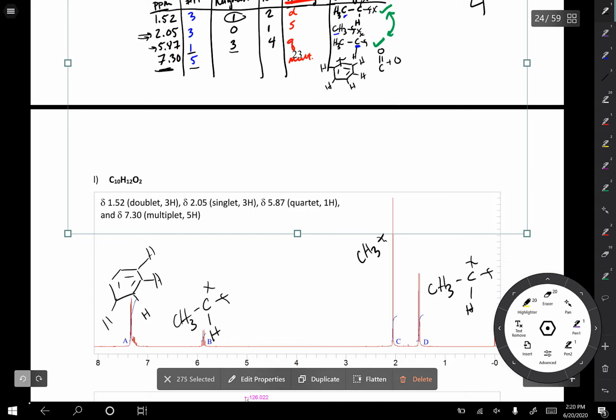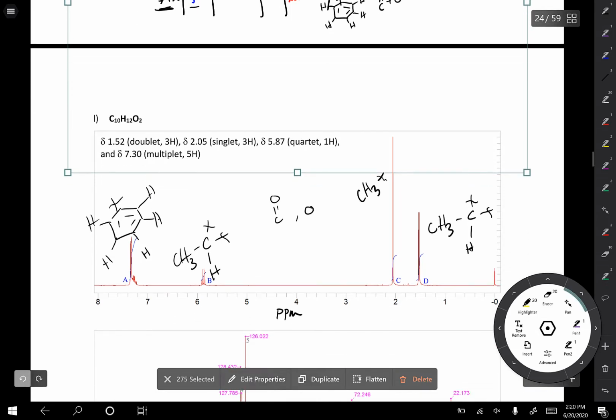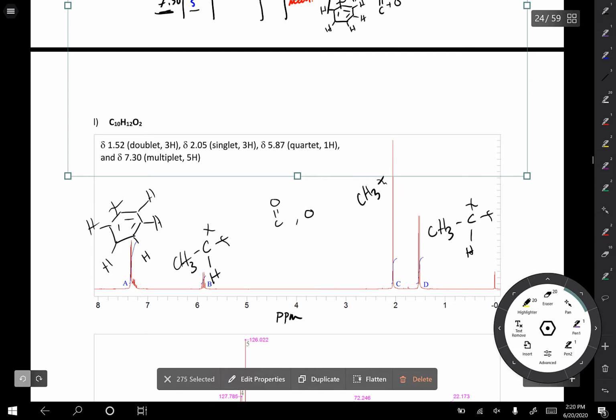Now we need to figure out how do these attach, okay? We still have a carbonyl that we're missing because we decided that with the IR. And we're also missing an oxygen here. One of the things you're going to notice is when you look at this spectra. For example, C and D are both alkyl.